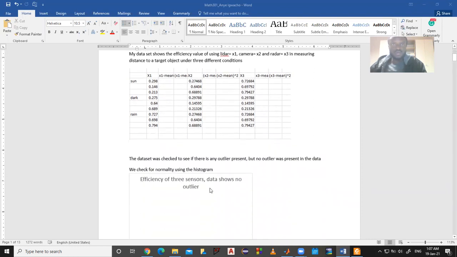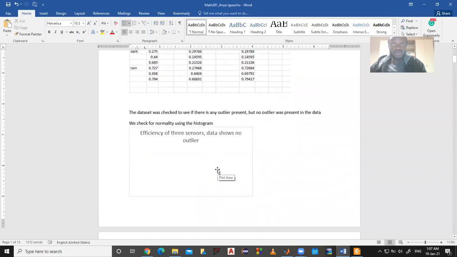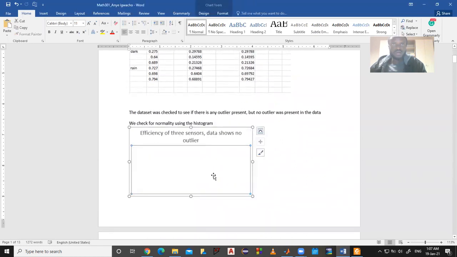Initially we plot a chart to see if there's any outlier, and there was no outlier, so the data is good.